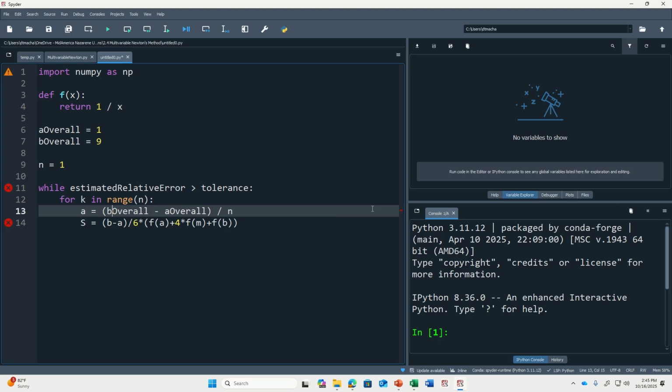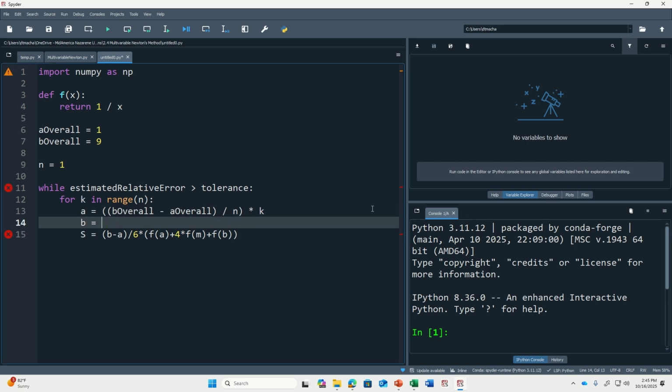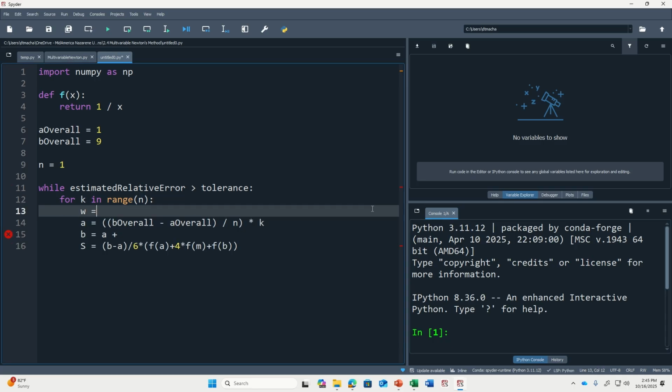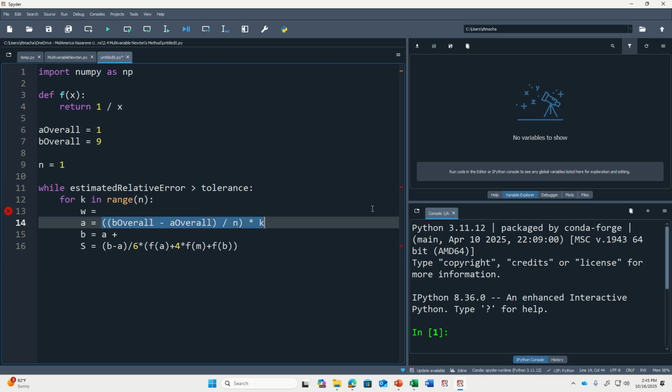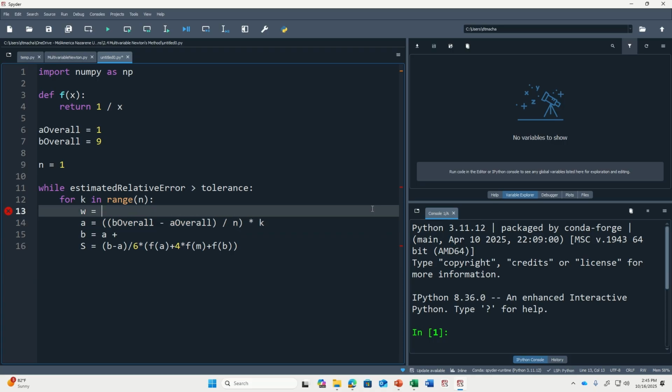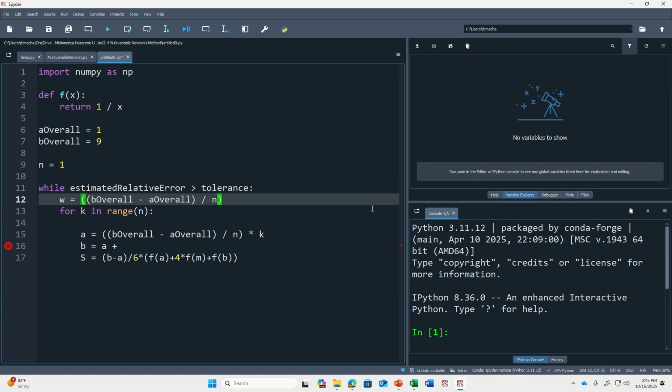So that's the width of each subinterval times k. And then b is equal to a plus the width of that interval. I don't even have to include the width of the interval inside the loop. That's just going to be there.